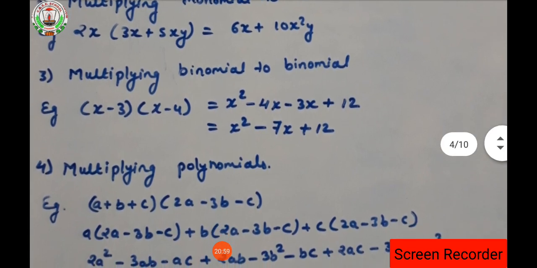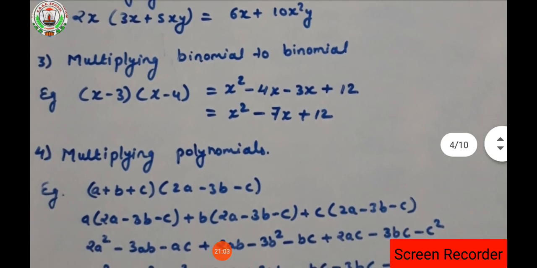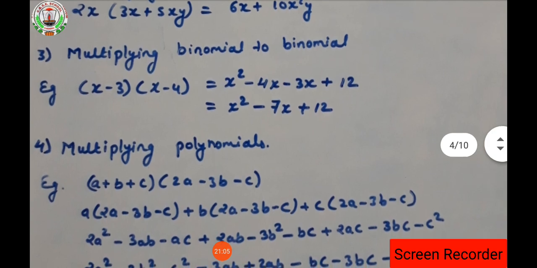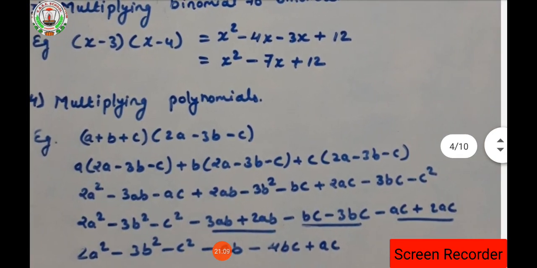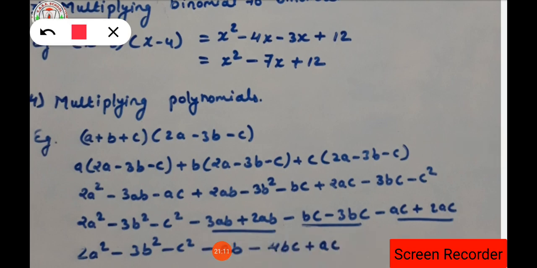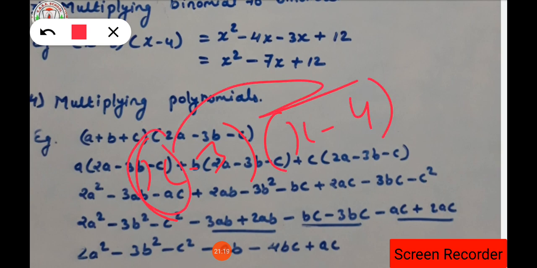So the answer will be 6x plus 10x square y. Now multiplying a binomial with a binomial, that means binomials containing two terms, isn't it? So what do we have to do? The term x minus 3 will be multiplied with x minus 4. Now let's see. This x will multiply with both the terms.